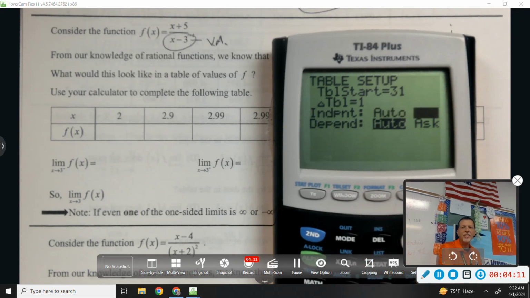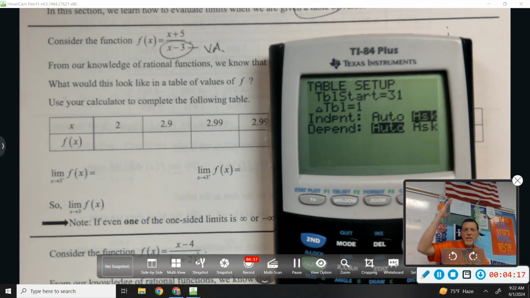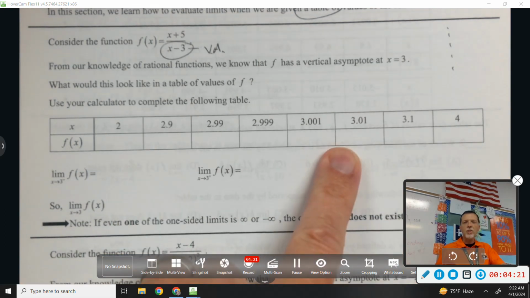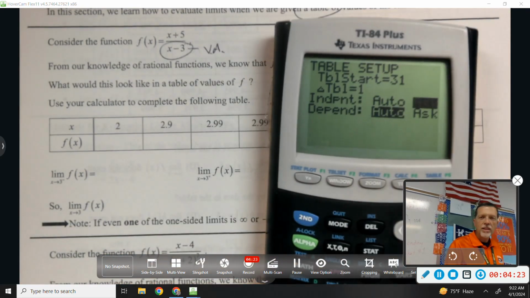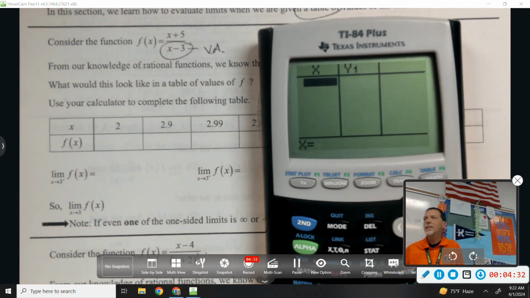Let's ask for the independent variable. That way I can type in all the things I want. So it won't give me this pre-made table, but I don't really want a pre-made table. I want a specific table for me. So second table set, ask for independent, and then when you go to the table, it's blank. Like, well, that's not helpful. But now you get to type in what you want.